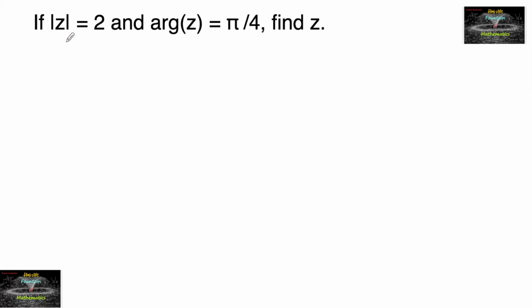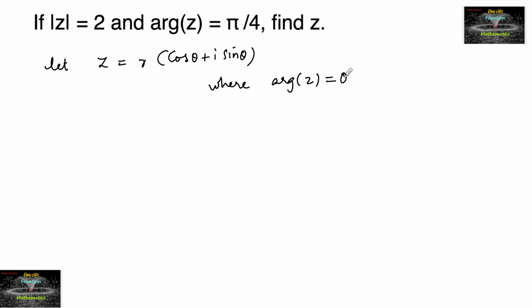If the modulus of z is equal to 2 and the argument of complex number z is pi by 4, then find the complex number z. Let z = r(cos theta + i sin theta), where the argument of z is theta, which is given as pi by 4, and r is the modulus of z, which is given as 2.